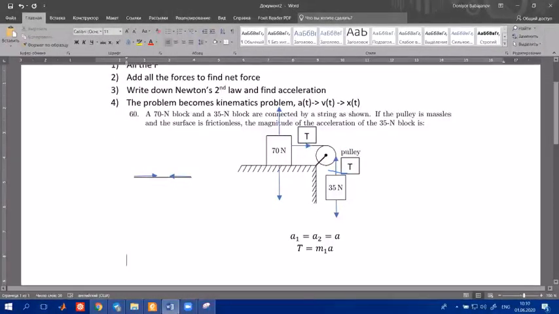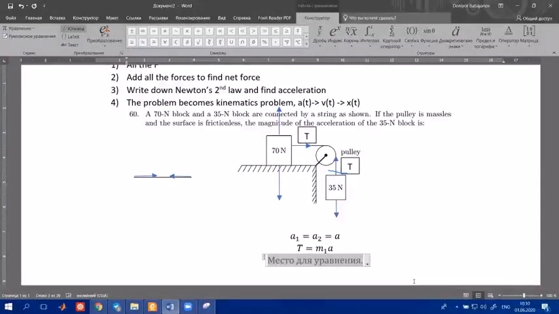What about Newton's second law for the second body? We have two forces here. mg is 35 newtons. Let's note it as weight W, minus tension.